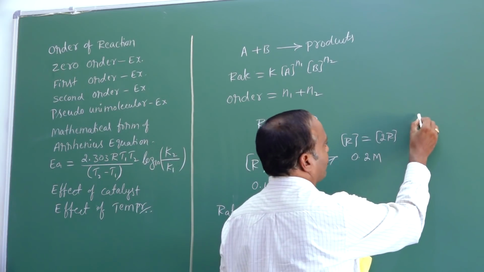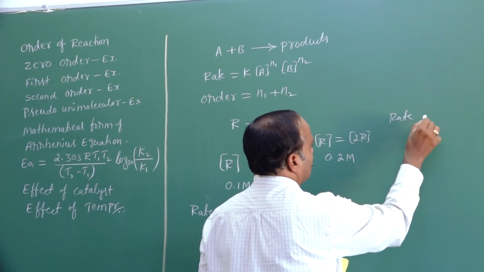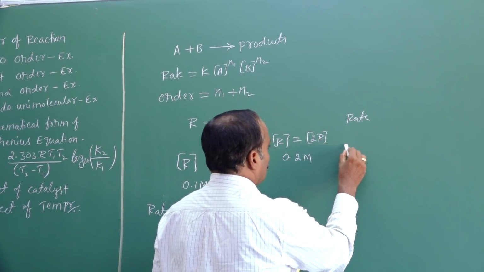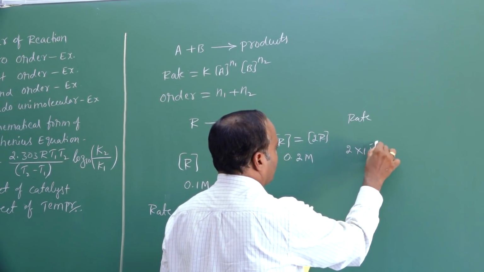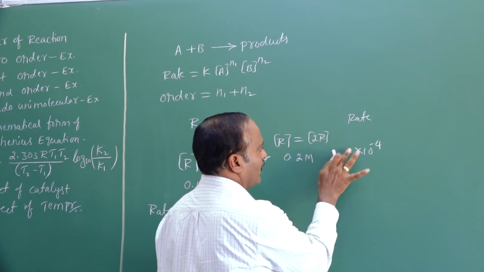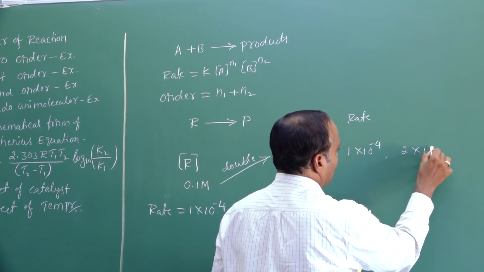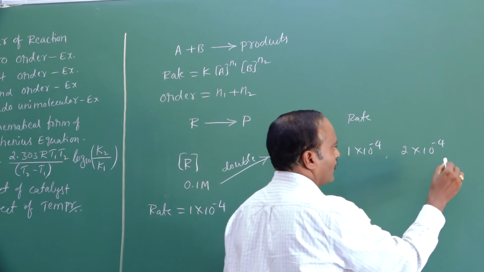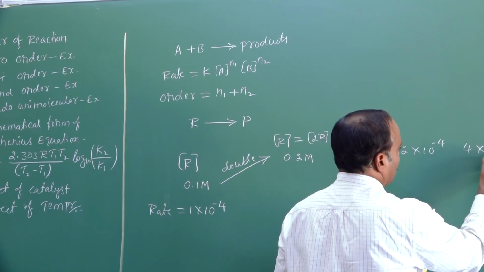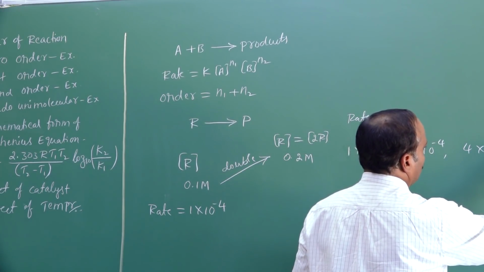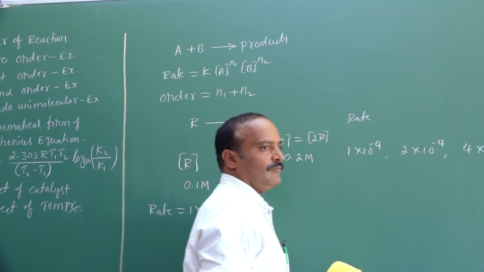The rate value may become 1 into 10 to the power of minus 4, or 2 into 10 to the power of minus 4, or 4 into 10 to the power of minus 4, or 8 into 10 to the power of minus 4.